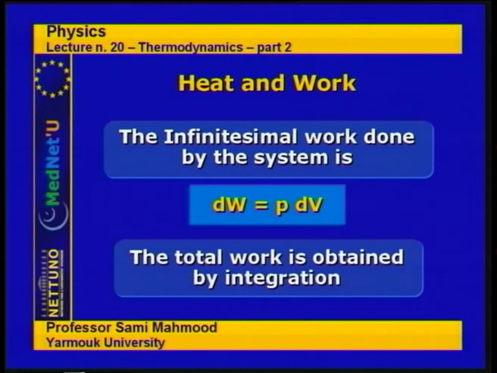The total work done is obtained by integrating this formula. If we have a PV curve, meaning if we know the curve of transition of the system from the initial state to the final state, and we know the PV relation, then we can integrate this P dV through knowledge of the PV relation.